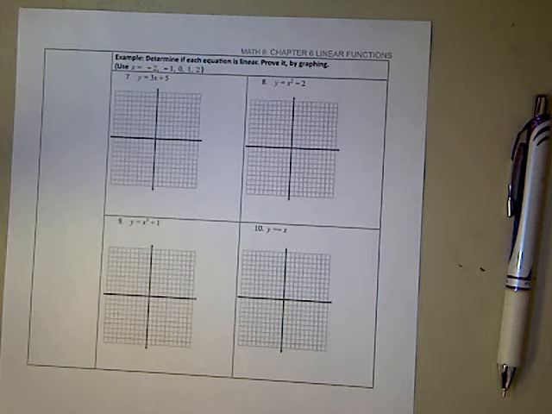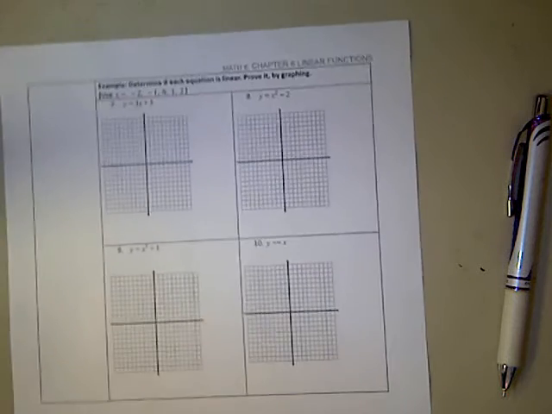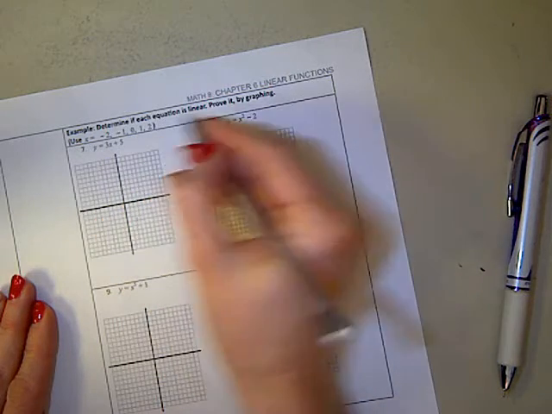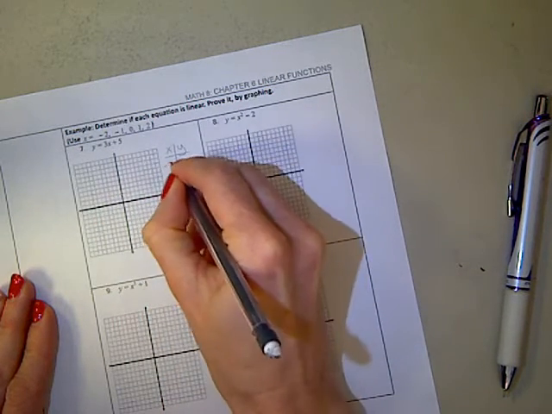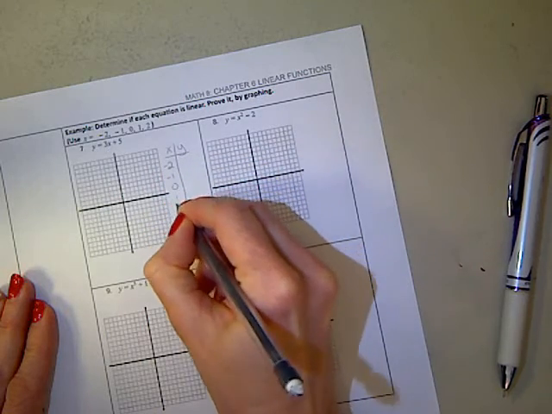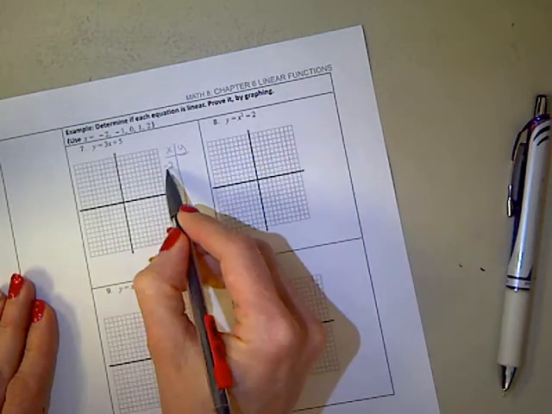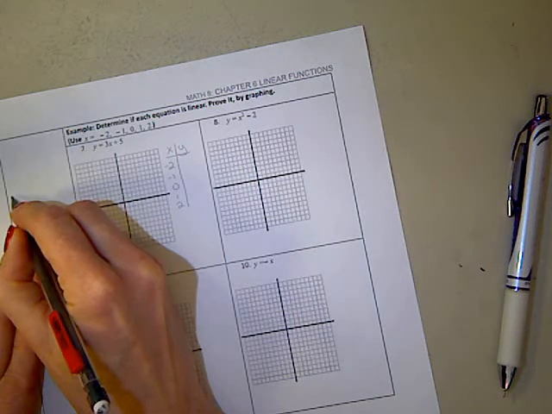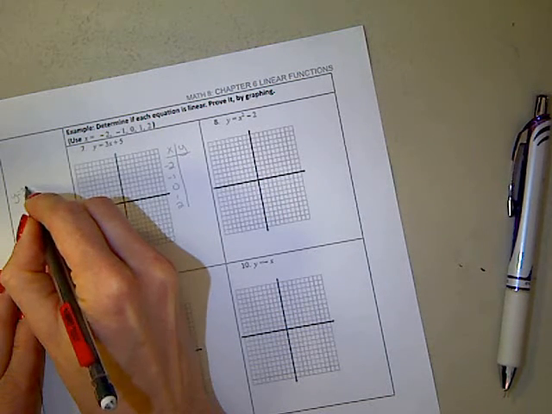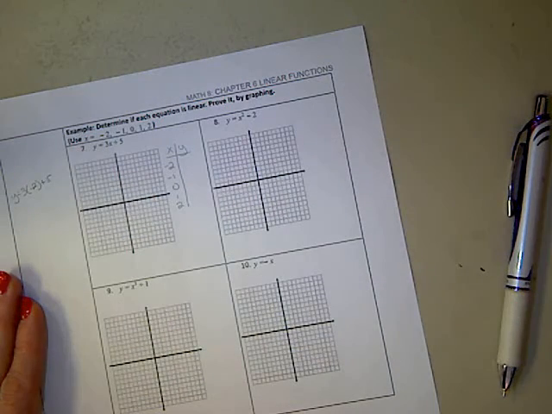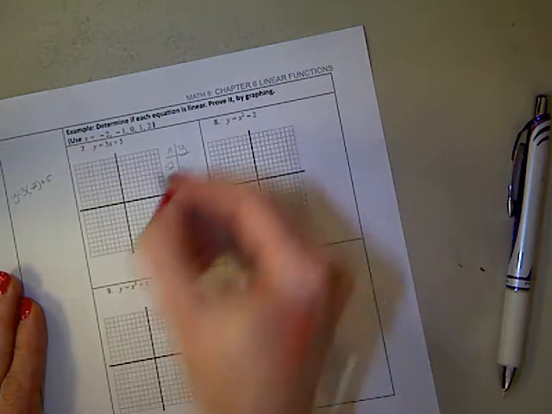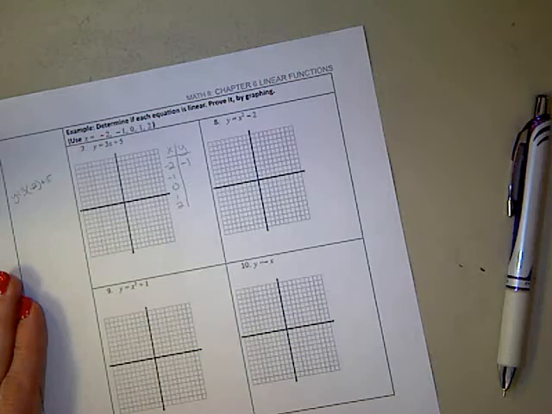On these we are going to make a table and we are going to prove that it is linear. So the table has to use these values. So x, y, we're going to use -2, -1, 0, 1, and 2. If I plug in -2, I'll do it over here to the side, you get 3 times -2 plus 5. Grab your calculator, plug that in, you should get -1.